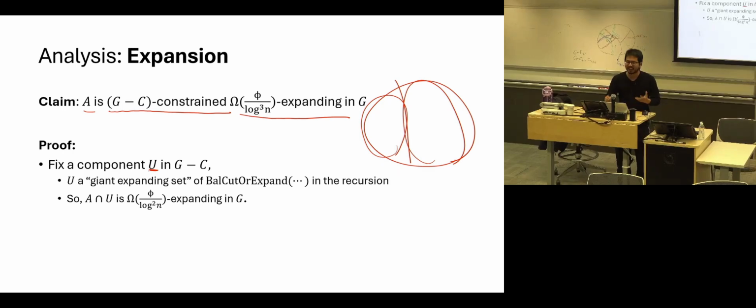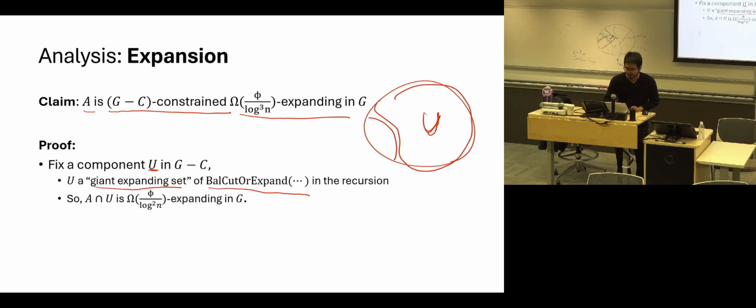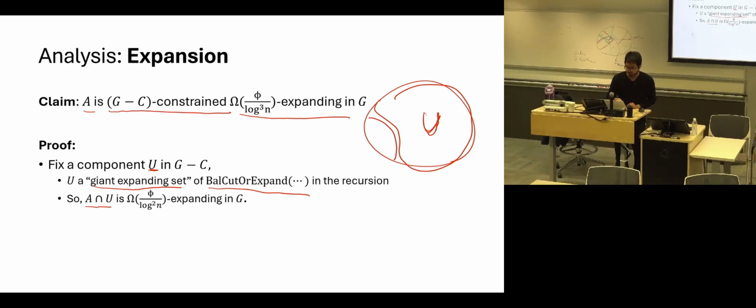You wouldn't return it as a component yet. Only when you find a small cut and you say that this is your component U. The U is going to be a giant expanding set of some call of this subroutine. So it means that A intersect U is phi over log square expanding in G, not in G of U.